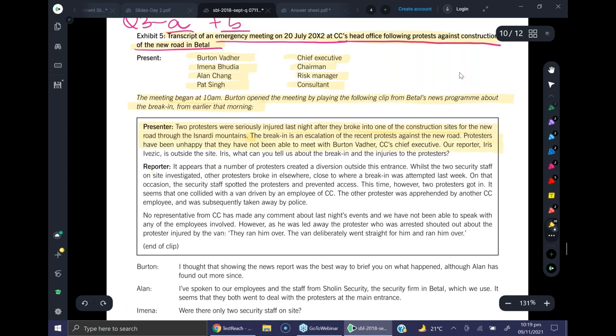Our reporter Iris is outside the site. Iris, what can you tell us about the break-in and the injuries to the protesters? It appears that a number of protesters created a diversion outside this entrance.